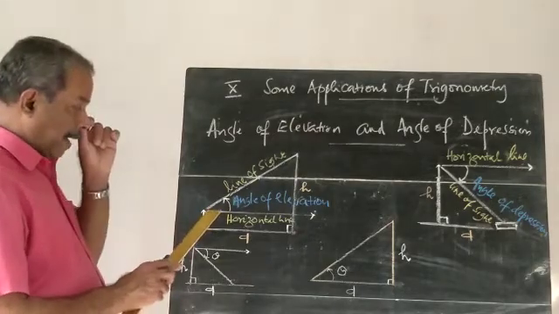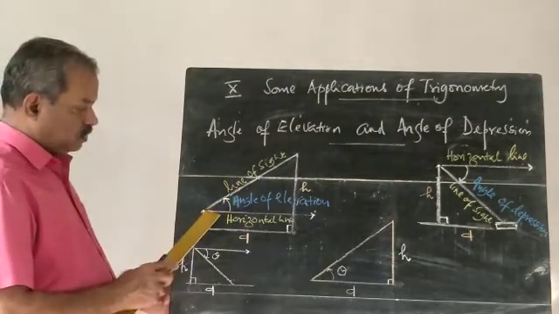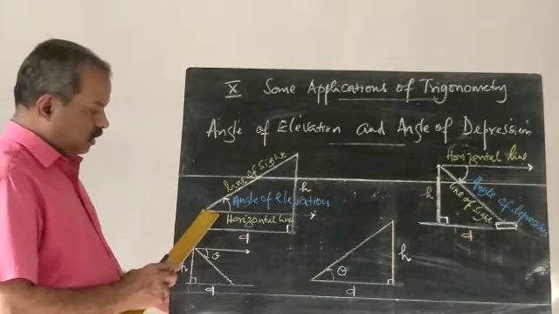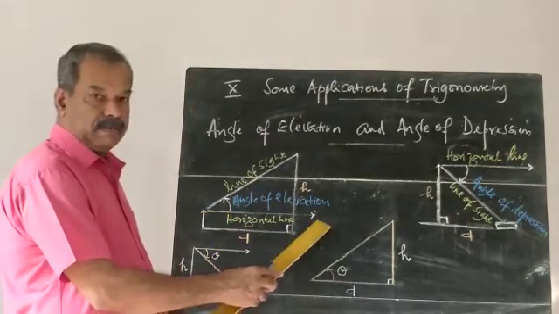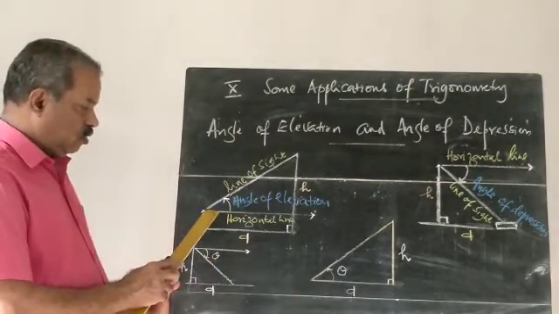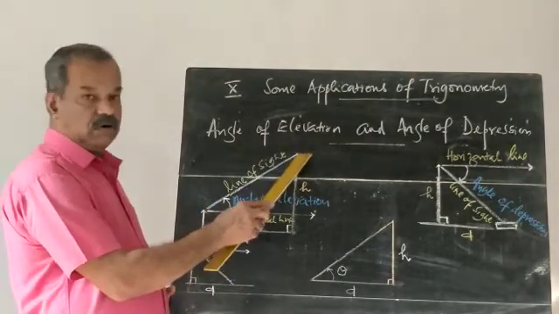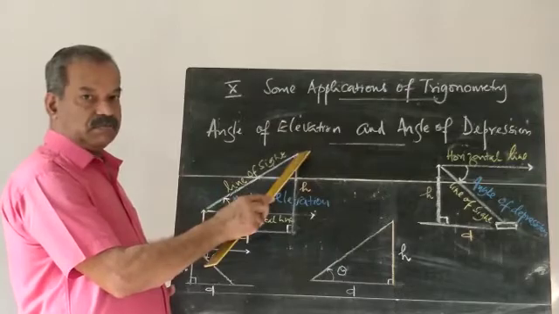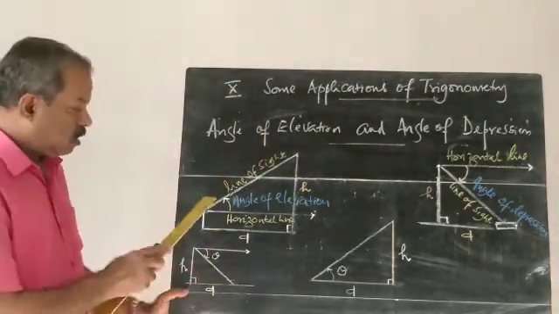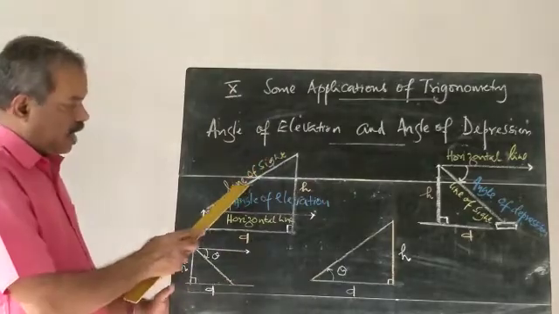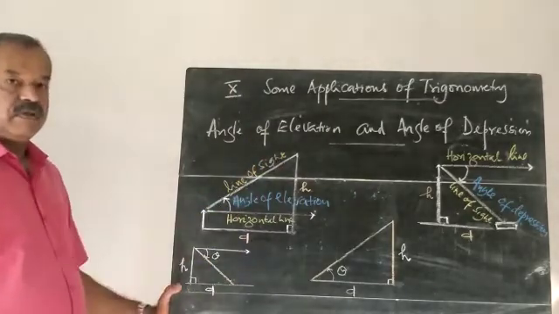When he looks up to the top of the tree or building, we mark this as the line of sight.